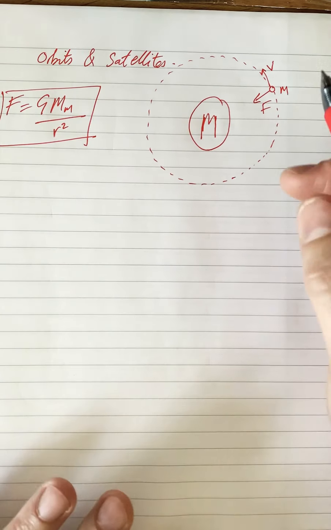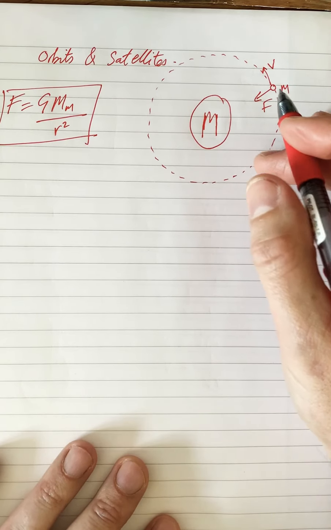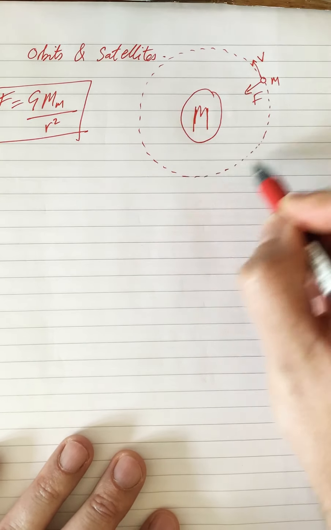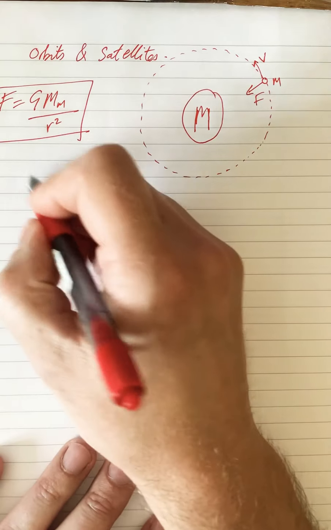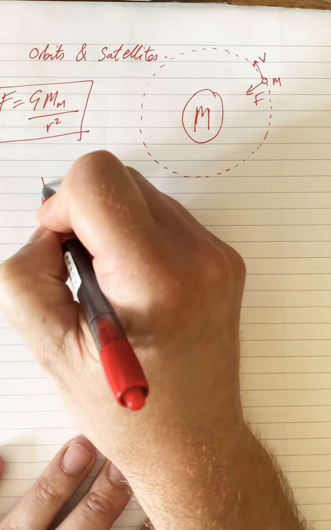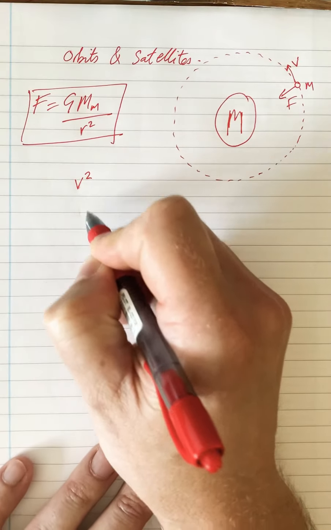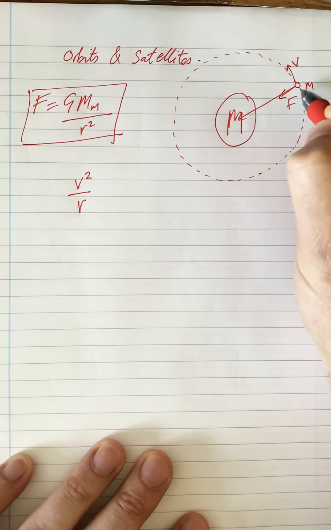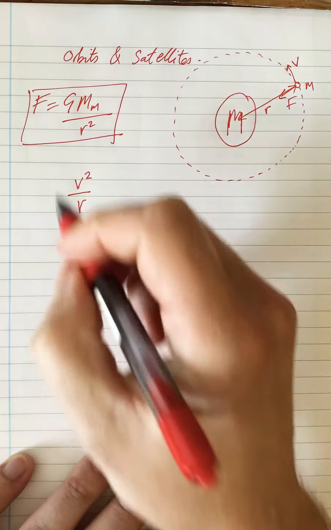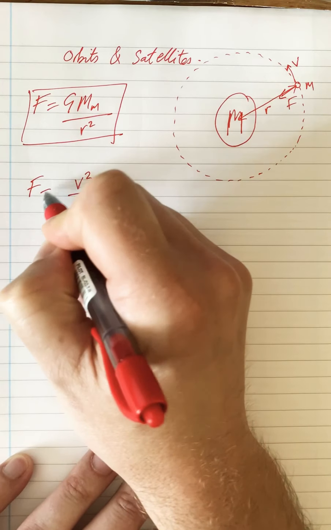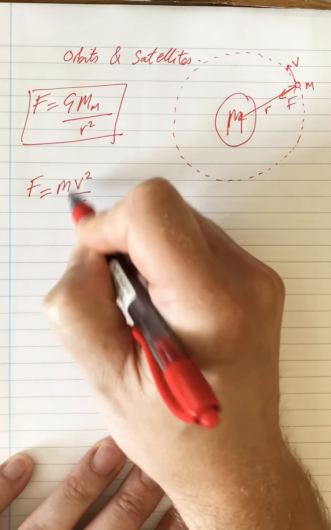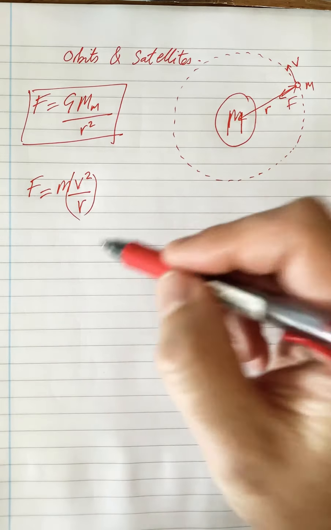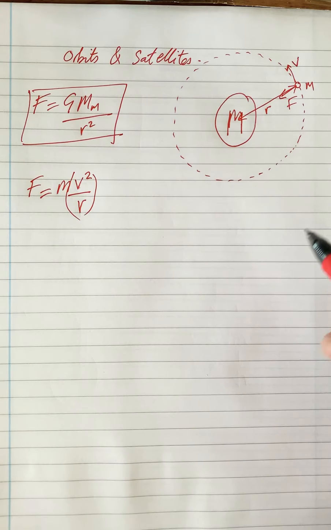That's in a separate video, but for now we're going to use the fact that this centripetal force that causes this to move in a circle, the centripetal acceleration is v squared, that's the velocity of the object squared, divided by the radius of this orbit, r. And obviously centripetal acceleration, Newton's second law, mass times acceleration. Okay, so this is the centripetal acceleration that causes that motion.